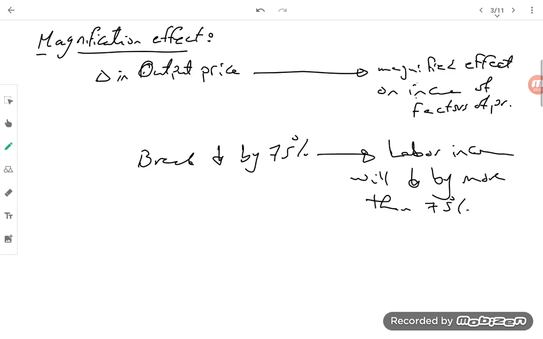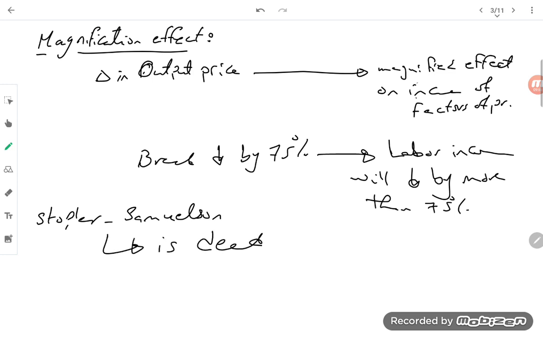Trade will cause a reduction in wage inequality between countries. So it is dead because of trade liberalization.